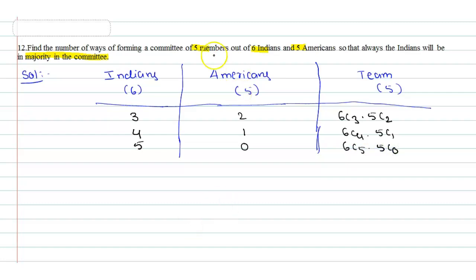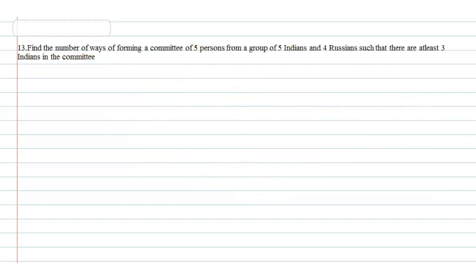In Americans there is no condition, only the Indians-in-majority condition. So the total answer is 6C3 into 5C2 plus 6C4 into 5C1 plus 6C5 into 5C0. So this is the answer for this question. Okay? Now we can go for the next question.